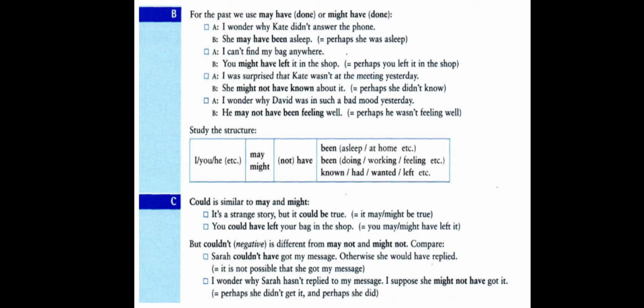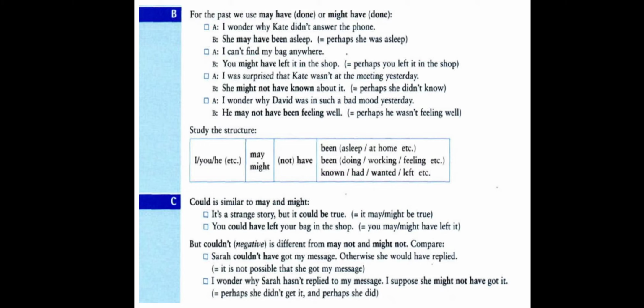And if it is negative, we use not with might. Then it becomes she might not have plus past participle of know. The past participle of know is known, then it becomes she might not have known about it. This is a negative possibility in the past.